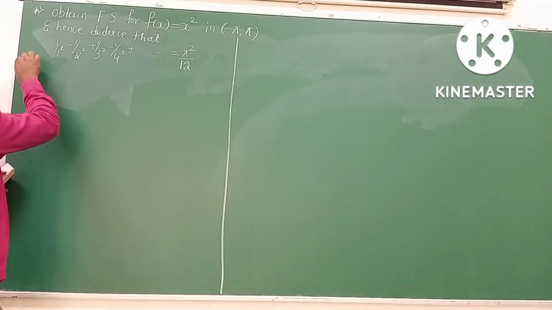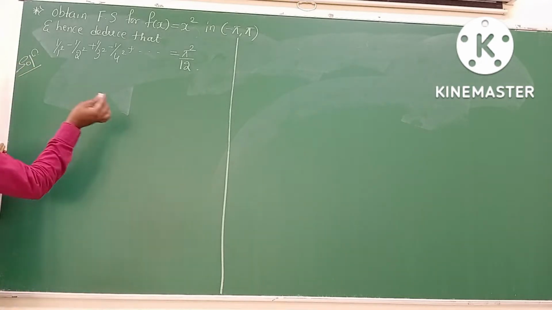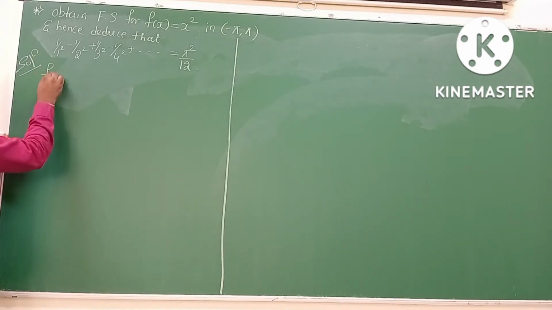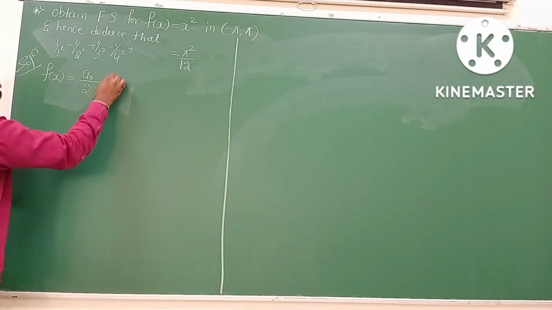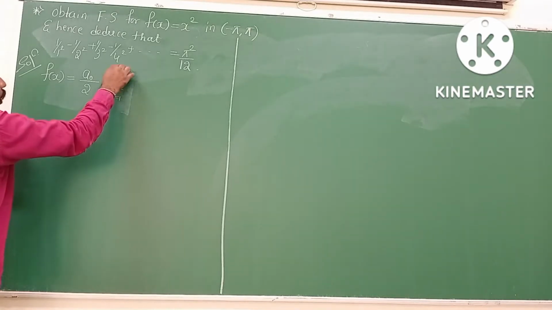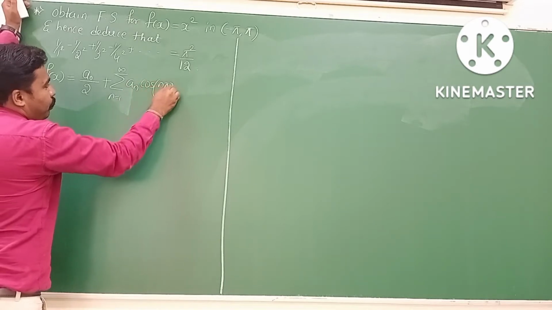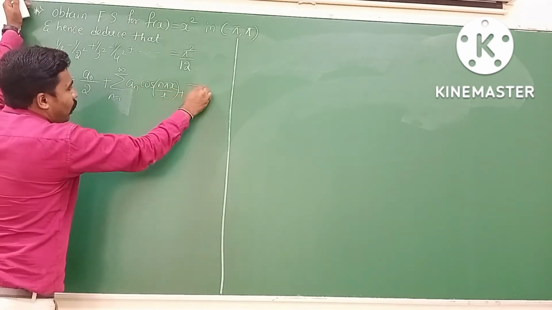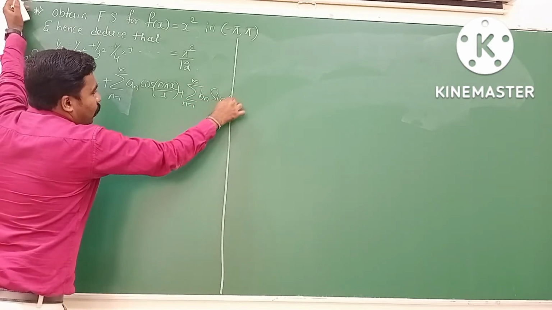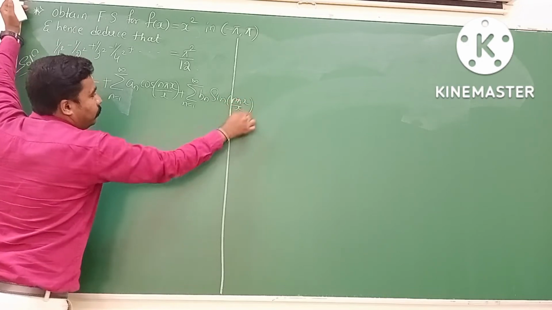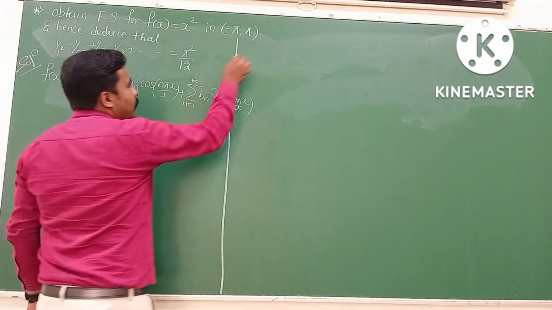So how to go with the problem solution? First we have to write the required Fourier series in the standard form: f of x equal to a naught by 2 plus summation n equal to 1 to infinity a n cos n pi x by L plus summation n equal to 1 to infinity bn sin n pi x by L. As I told in the last class also, there are two types of limits.